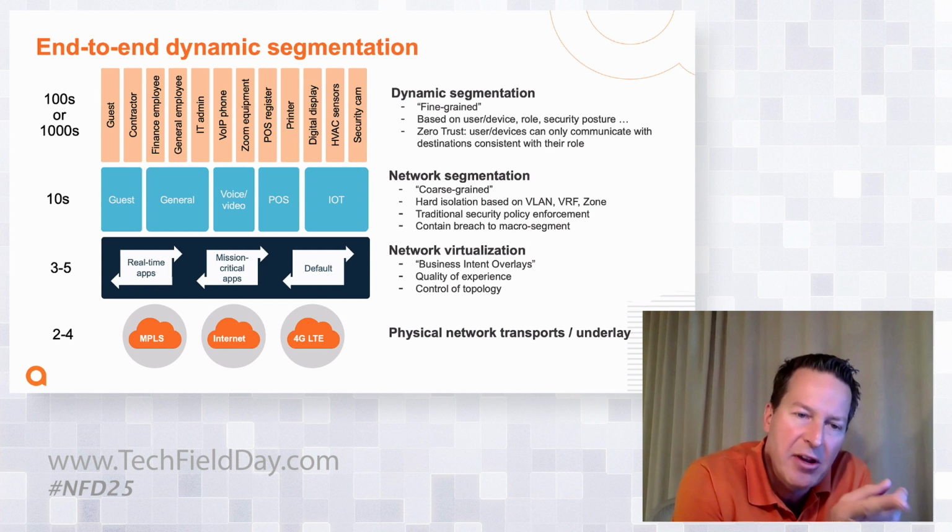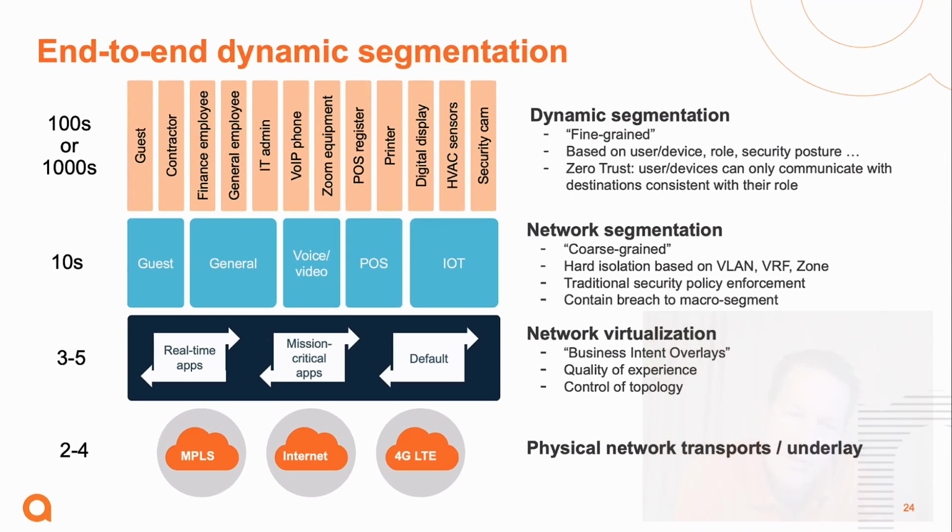So just to go back on this, and I think we start a little bit at the top of the stack here, but what we basically have is a multi-layer stack for segmentation. When we launched EdgeConnect, the key capability from a network virtualization point of view was the ability to take multiple physical transport networks, each with their own unit economics, different bandwidth, different service level objectives.